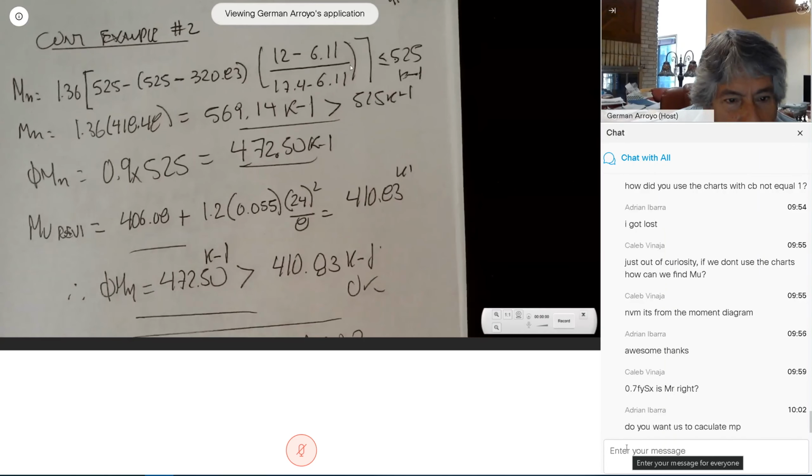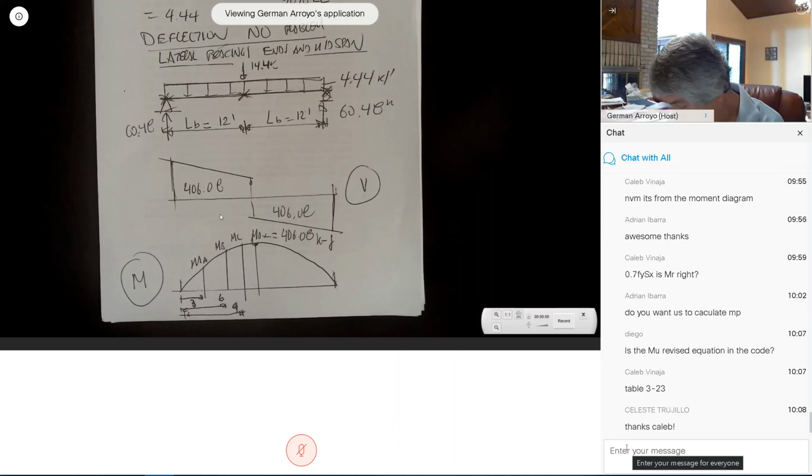Right? And so, really, it's not given in the code. What happened is that we computed the maximum moment based on the information provided. We didn't know the section at that time.